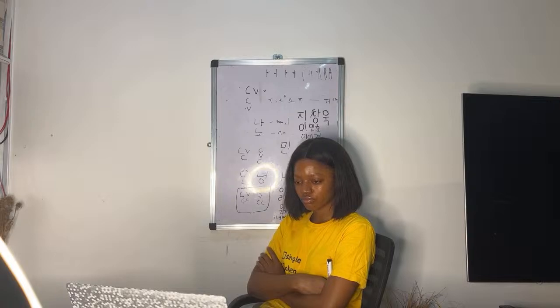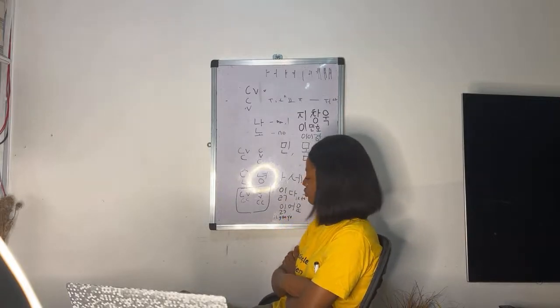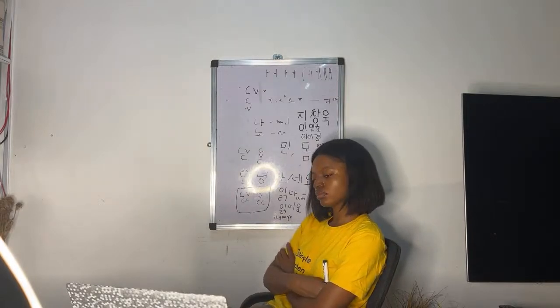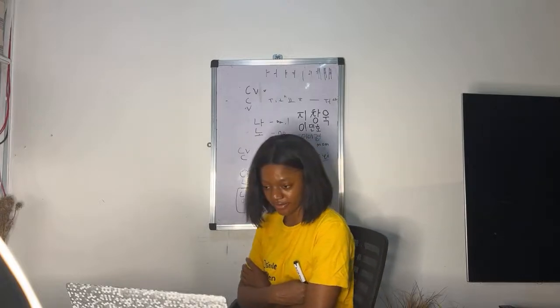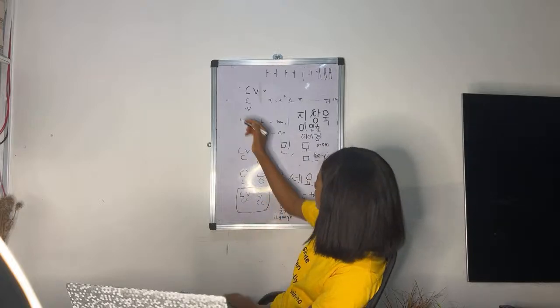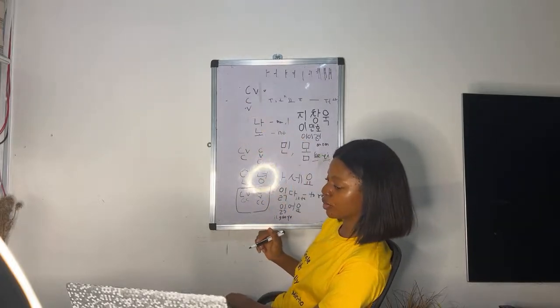So let me ask this. I know we're not going to touch on it now, but when you're dealing with double consonants, are there particular ones where you say, okay, this is the first one we're going to pronounce, or the last one? Yes, when you're learning it, they will tell you. I told you that there are 11 possible combinations.